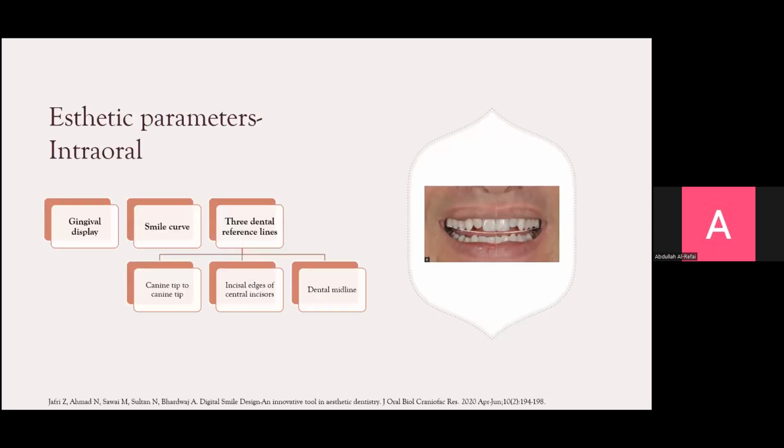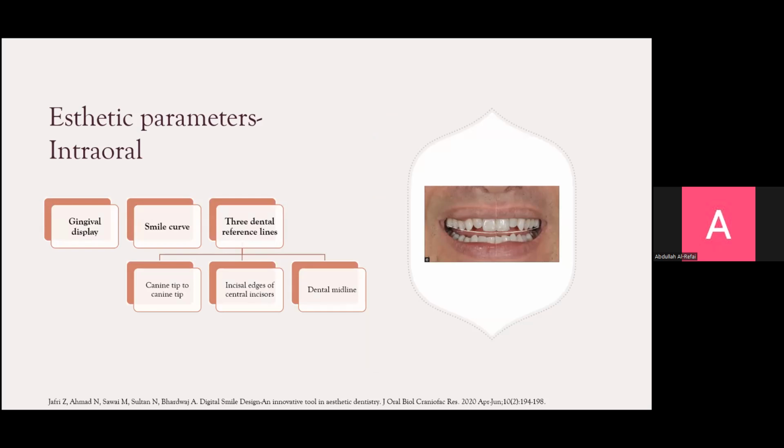Now, what are the intraoral aesthetic parameters? It includes gingival display, which is usually determined by the length and the tonicity of the upper lip at rest and in smile. Smile curve, which is usually established by correlating the curvature of the incisal edge of the maxillary anterior teeth with the lower lip.